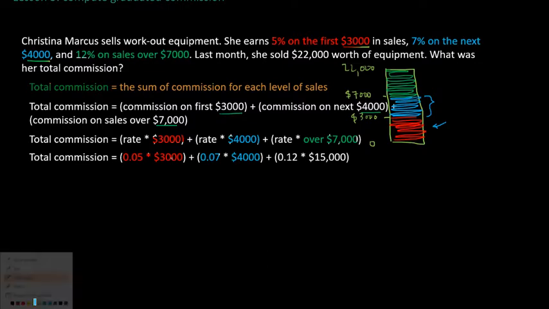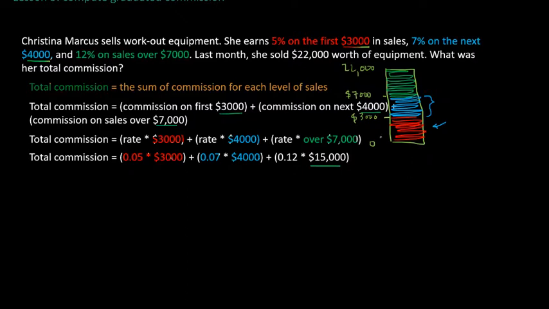And finally, and this is really the only tricky part, she earns 12% on the sales past that. So we do have to do a quick calculation to figure out this number. So remember that she sold $22,000 total.